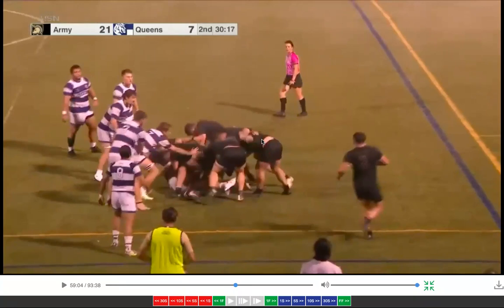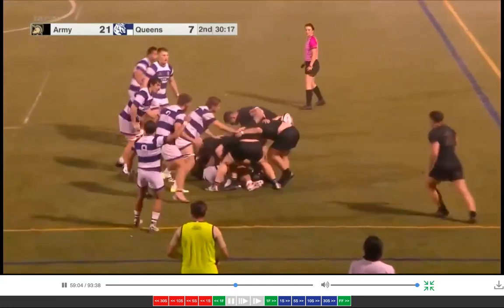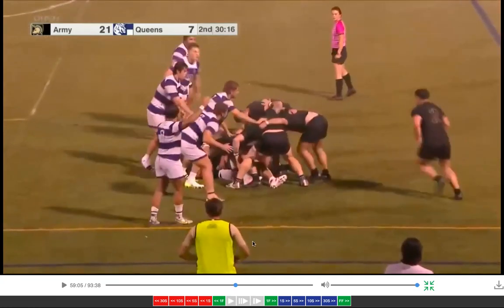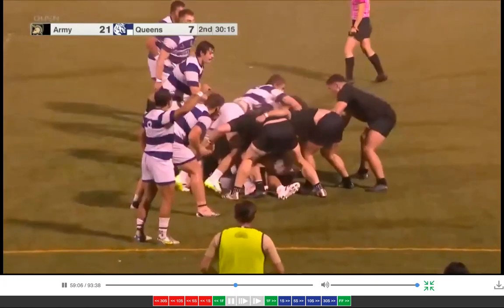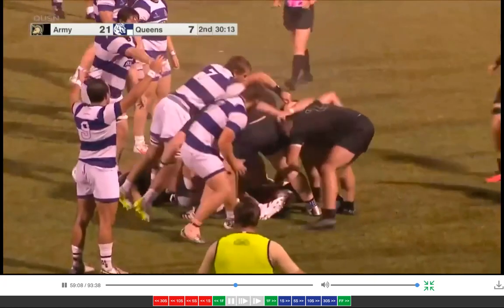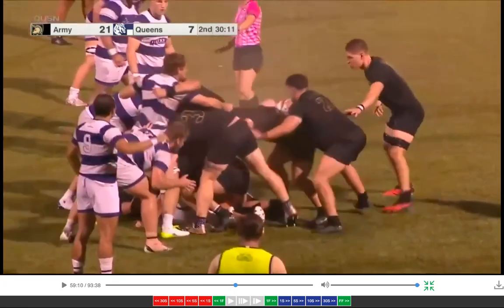So nothing here is illegal, but this is when you come in as a referee and manage it and you tell black to use that ball, because black clearly has that ball. And if you stay far away, you're going to have this situation where these two guys are going to start fighting.